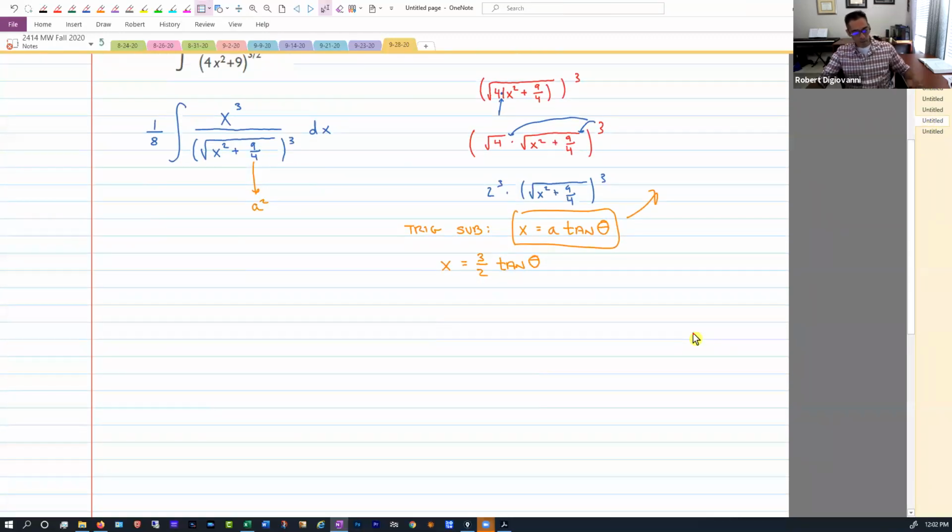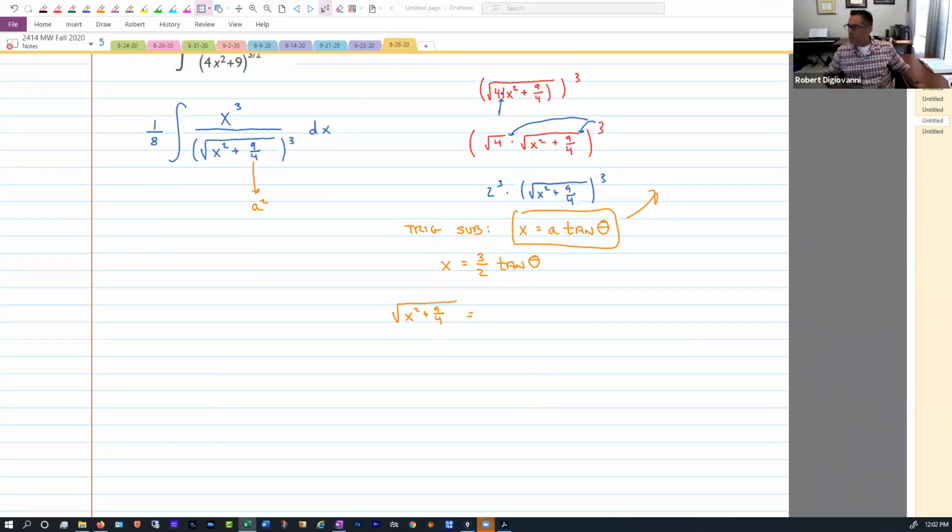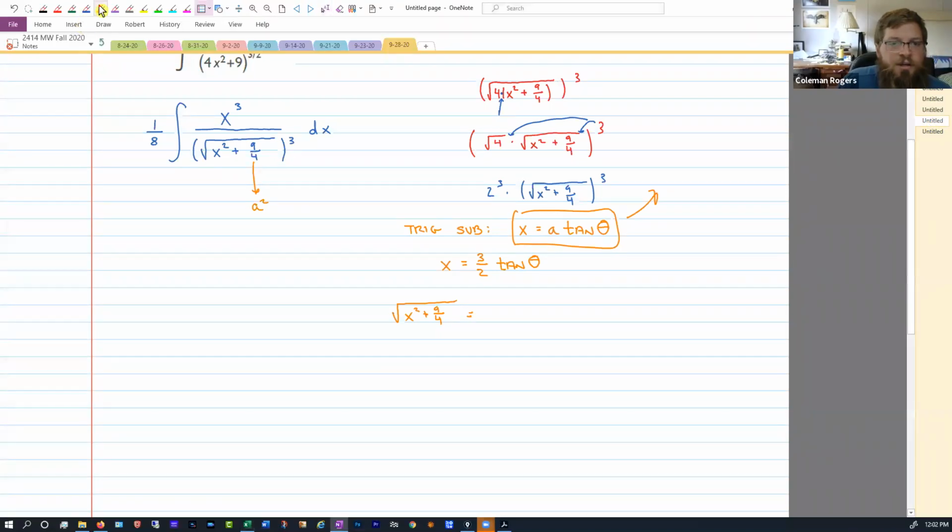All right, now what do we know about the square root of x squared plus 9/4? And I'm going to ask who's here on my list now. See, Coleman, you're up. So that is going to be equal to a secant theta.